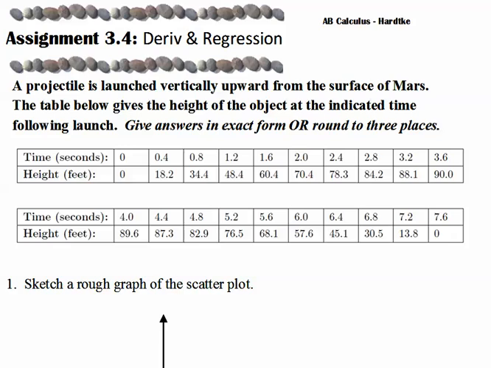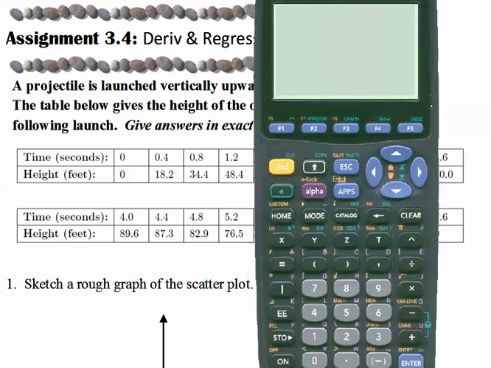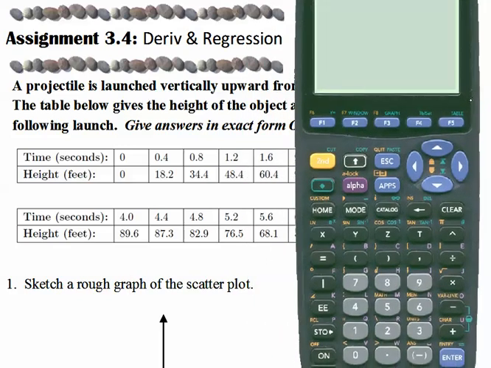So we need to first enter all of the data into the list of our calculator, and then we'll be able to do a scatter plot, and that we'll just take what's on our calculator and transfer it into question number 1. So let me switch to my TI-89 emulator, and I'll just drag this over a little bit.